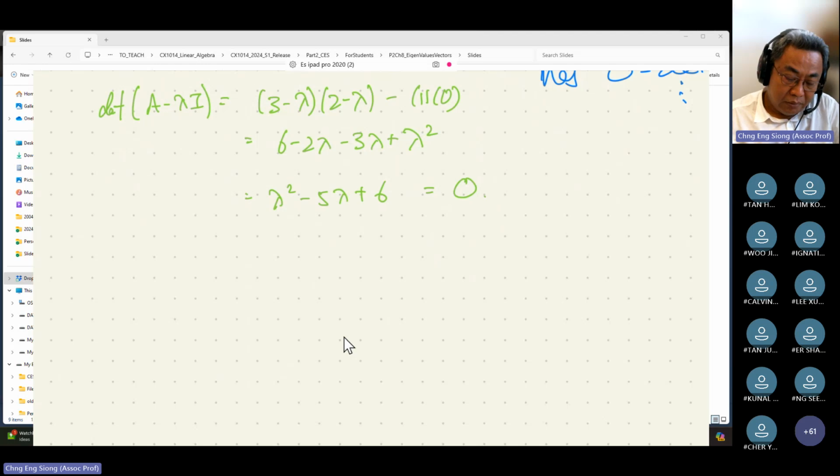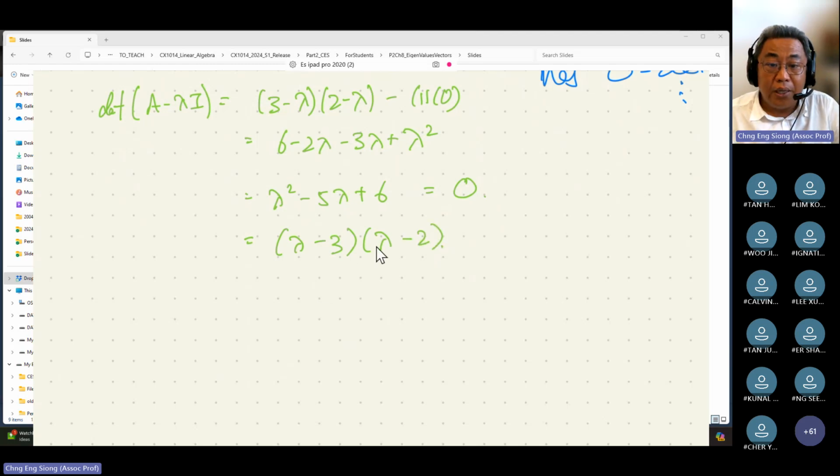Now you can factorize this: lambda minus 3, lambda minus 2. Lambda squared minus 3 lambda minus 2 lambda is 5 lambda, plus 6.